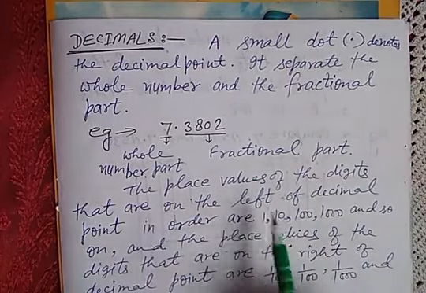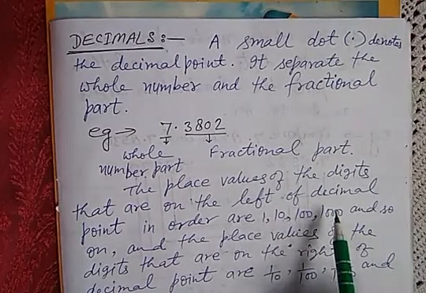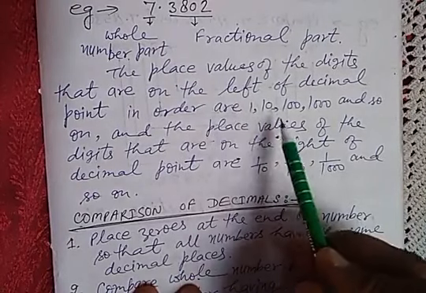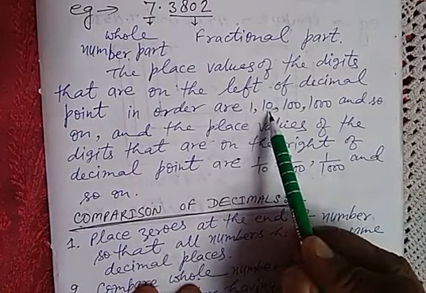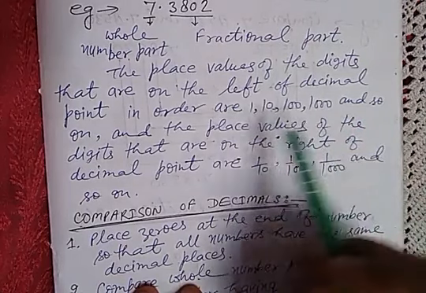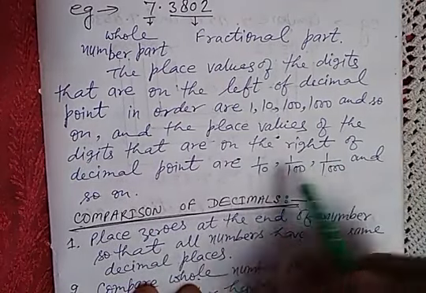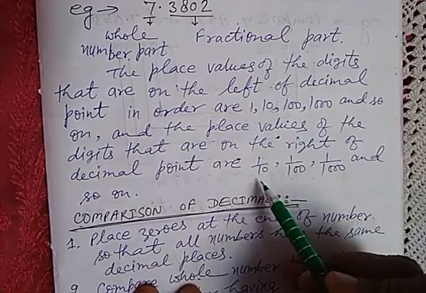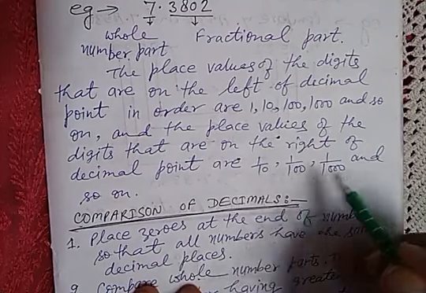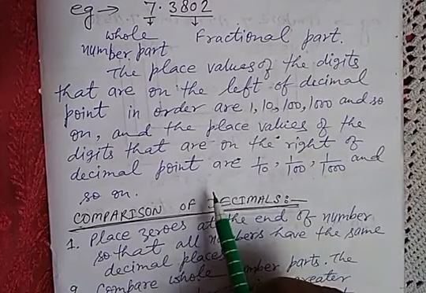The place values of the digits that are on the left of the decimal point in order are ones, tens, hundreds, thousands, and so on. And the place values of the digits that are on the right of the decimal point are tenths, hundredths, thousandths, or 1 upon 10, 1 upon 100, 1 upon 1000, and so on.